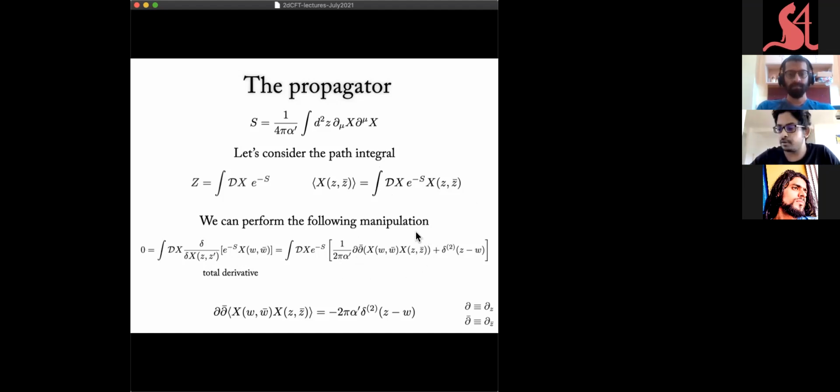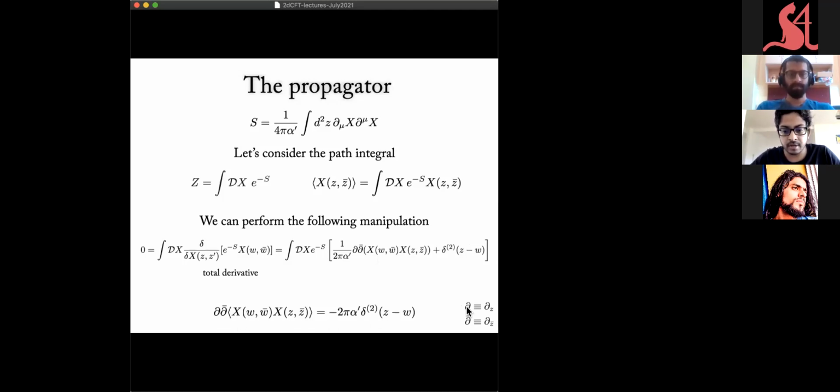After you play around with some derivatives, you get this. And then when the derivative hits this one, you get this delta function. Therefore you have this equation, that this quantity over here should be 0, and that gives you this equation. This is the equation for the propagator.